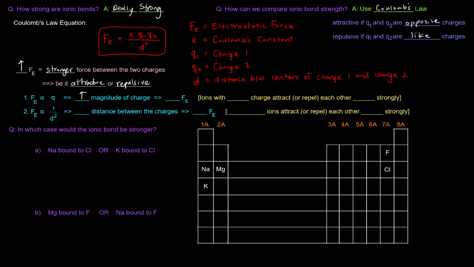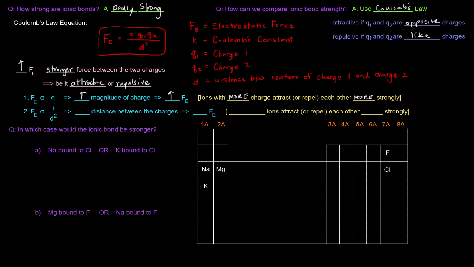So an increase in magnitude of charge increases the electrostatic force. What does that mean, at least for our purposes? What that means for our purposes is that ions with more charge will either attract or repel each other more strongly. Okay. So higher magnitude of charge, higher electrostatic force. The opposite would be true. A lower magnitude of charge, weaker electrostatic force.